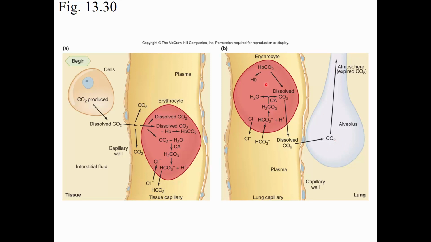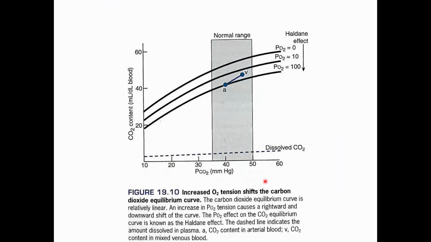Now, the fact that we can turn carbon dioxide into bicarbonate is an interesting thing. Notice here's PCO2, here's CO2 content, and that's all the forms. That's the dissolved, that's the bound, that's the bicarb. Notice that the curve is linear.